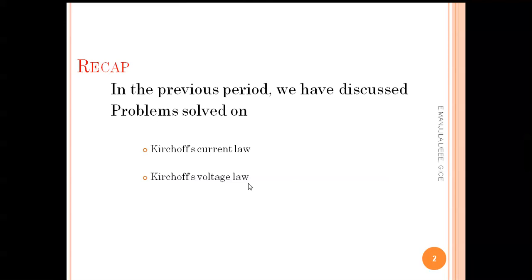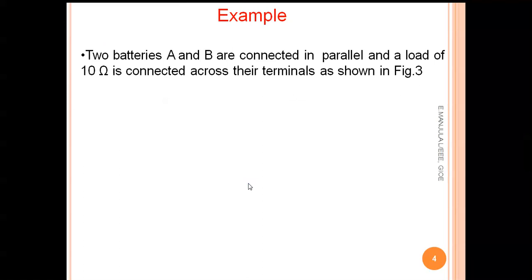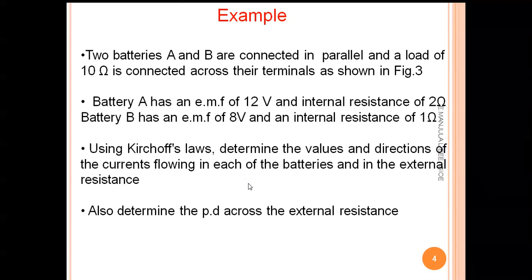And the voltage law idea is the conservation of energy. So now we will see the problems on KCL and KVL. This is the problem. First we will see the problem.